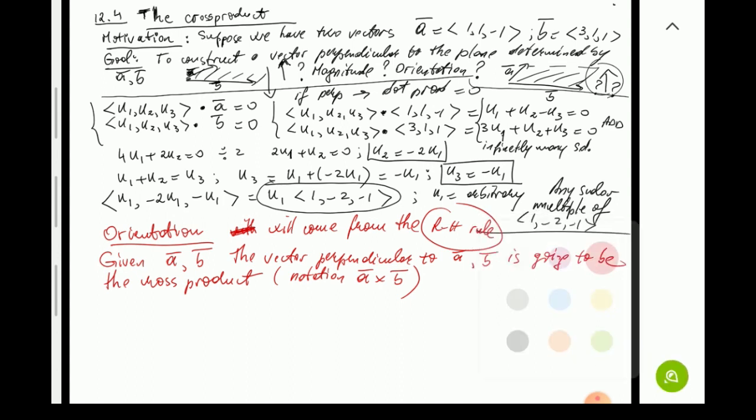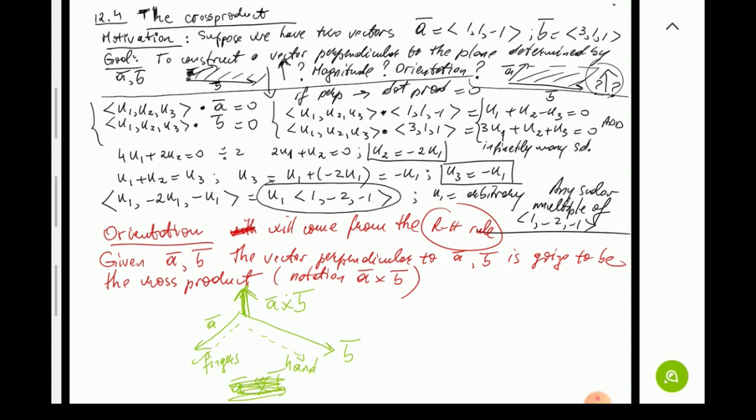So let's actually use a different color still here. If you imagine that the vector A is like that from your perspective, and the vector B is like this, we're going to choose the orientation for the cross product, which is another vector obtained by solving the system I was talking about here, so that it is oriented according to the right-hand rule with A over B. In other words, when you do the right-hand rule, your fingers on the right hand will be aligned with the vector A, and your hand is going to be aligned with the vector B when you compute in this order A cross B. Excuse me, made a mess here.